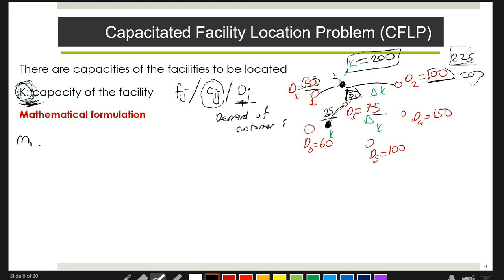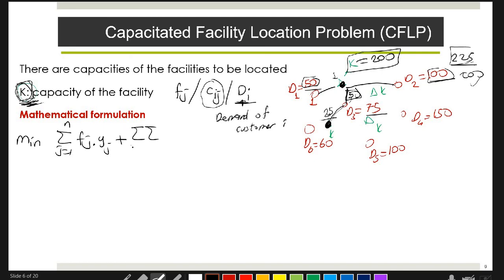Actually, the objective function is identical. Still, I am trying to minimize the total cost, which includes the cost of opening facilities, Fj times Yj, and then the cost of satisfying the customers.